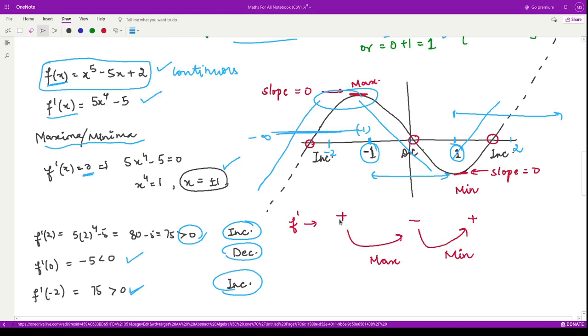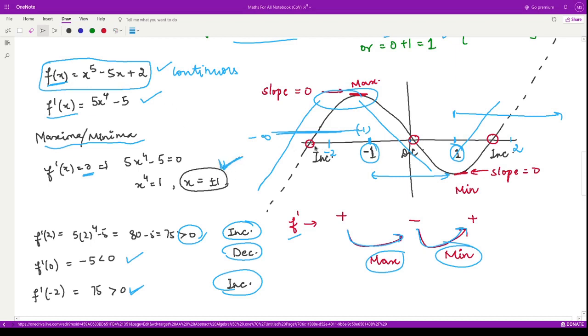When our first derivative changes sign from positive to negative, at that point we have the maximum. And when the first derivative changes sign from negative to positive, then we have a minimum. This is the only possible way we could have a maximum or minimum. There are only 2 extrema for this curve.